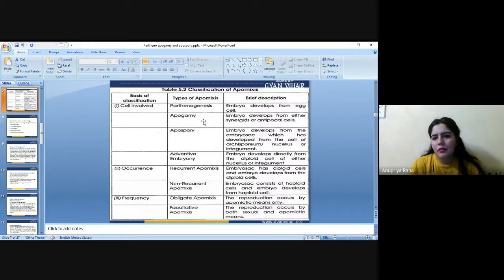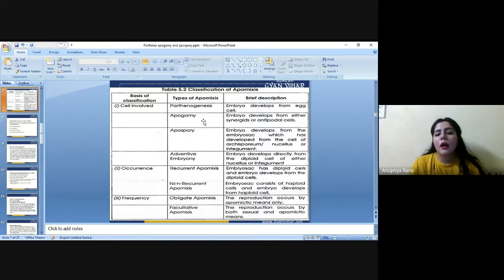We will discuss it in detail later, so don't get confused here. These are the basic types, taking into consideration what cell is involved in the formation.